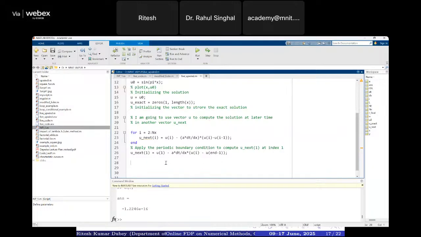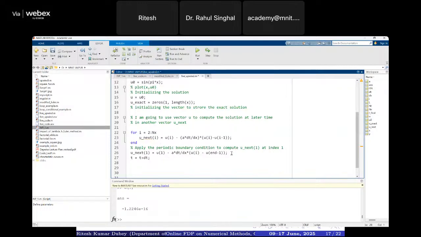And then I have to put here time t equal to t plus dt, because first I will calculate and again keep on updating.